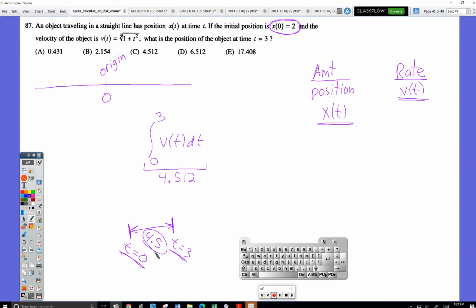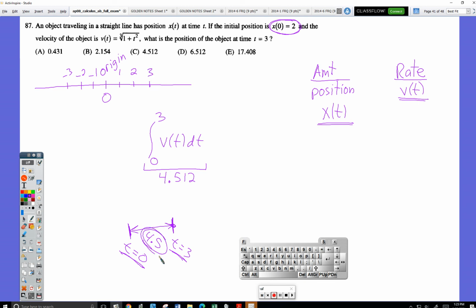But what is the question asking you to find? The position of the object at time 3. Right, it wants to know where it is. It's like we have this line and we've marked it off with positions, and we want to know where the particle is now on this line. Then you add 2, because the position at time 0 is 2. Very good.